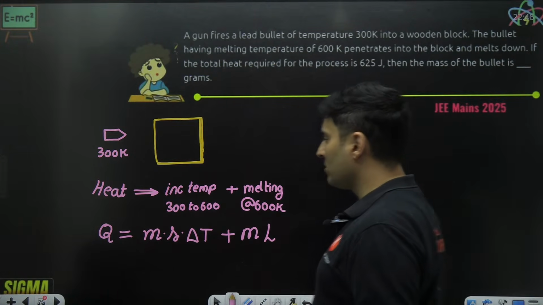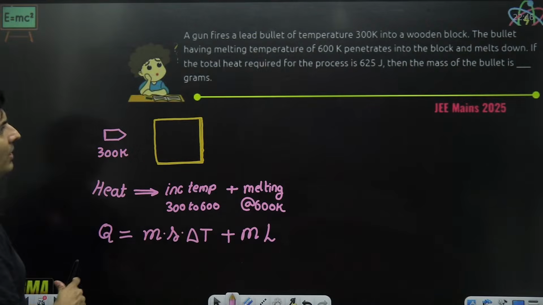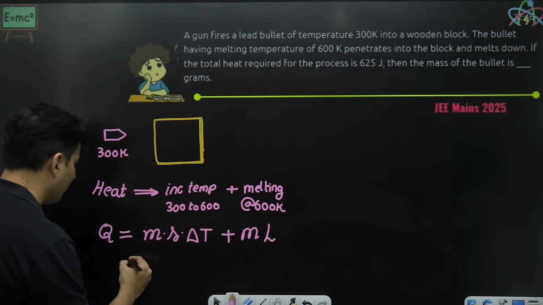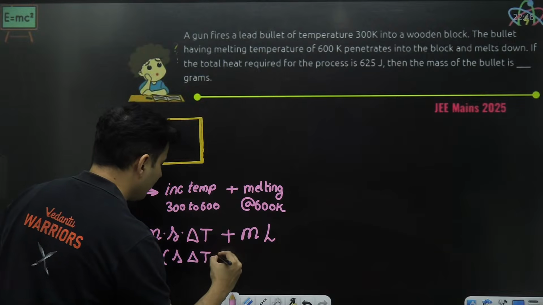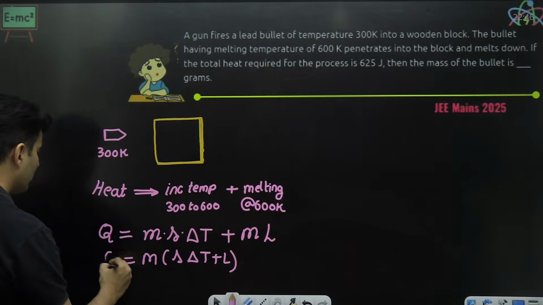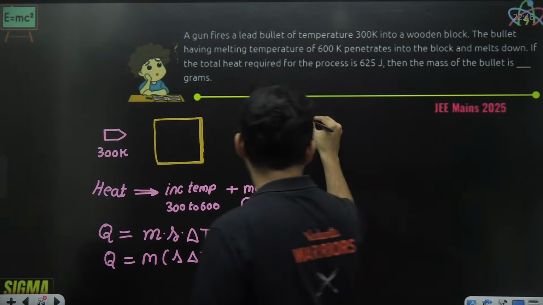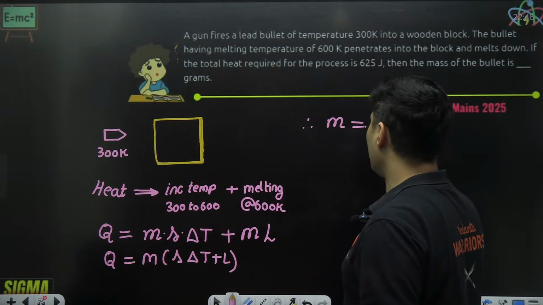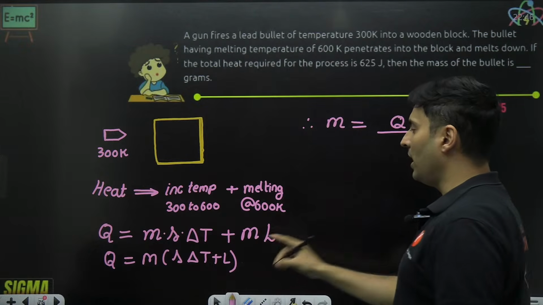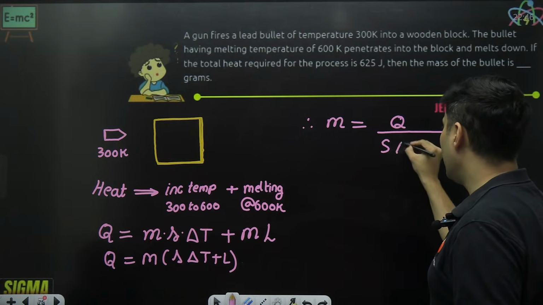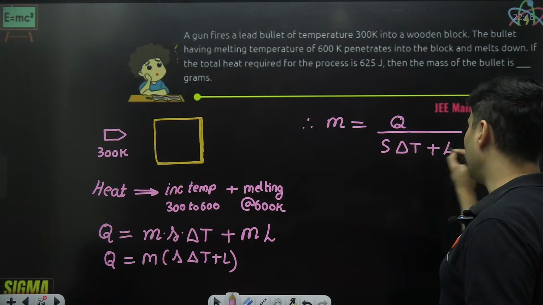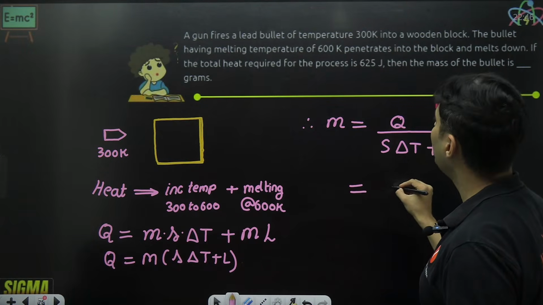What is asked is the mass of the bullet. So if I take M common, I will have S delta T plus L over here. So that is basically Q. Therefore, my mass will be Q divided by S delta T plus L.